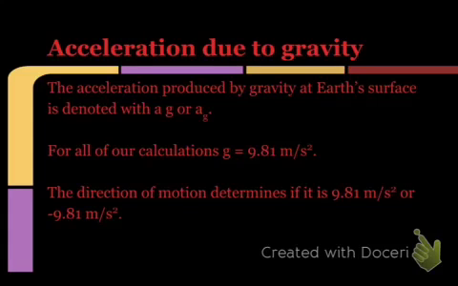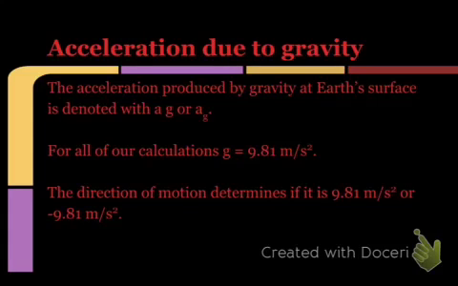The direction of the motion determines if it's 9.81 meters per second squared or negative 9.81 meters per second squared. When trying to determine if you use a negative or a positive, I always tell people to try and think about if gravity is working in the favor of the object or against the object.